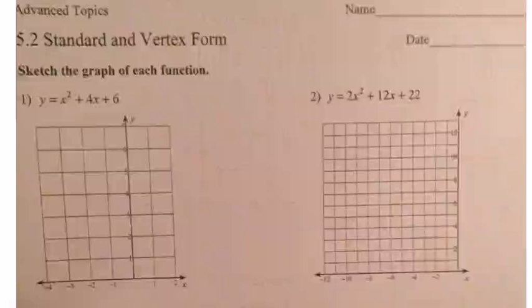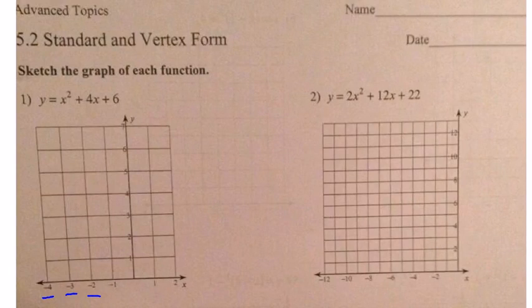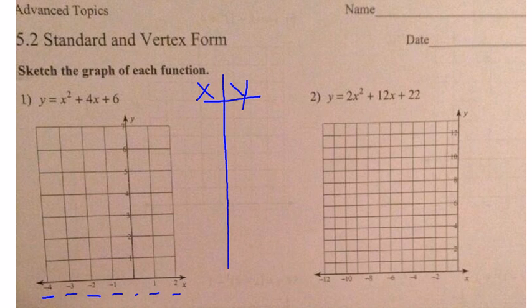So if I look at the x values on this one, number 1, I've got -4, -3, -2, -1, 0, 1, and 2. So I'm going to make an xy table. Okay, and I'm going to use those values from the graph for my x.